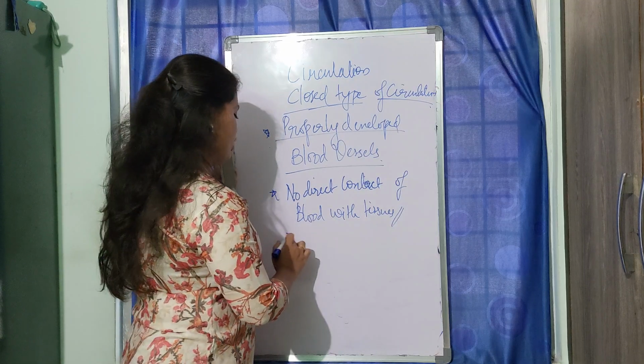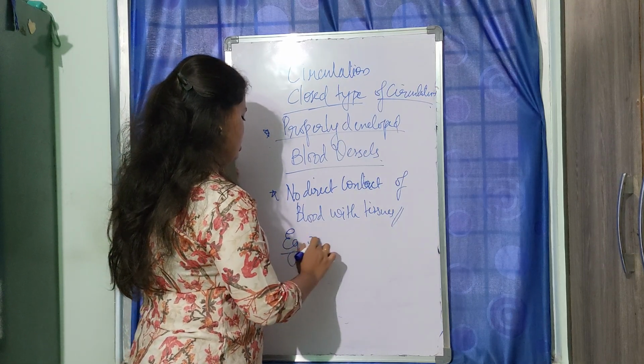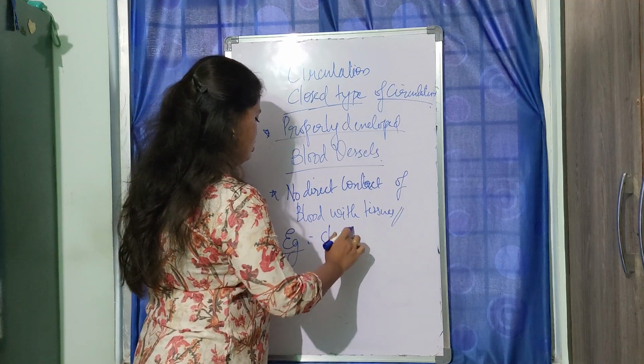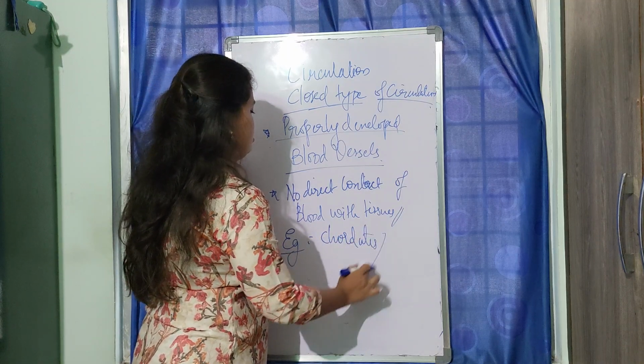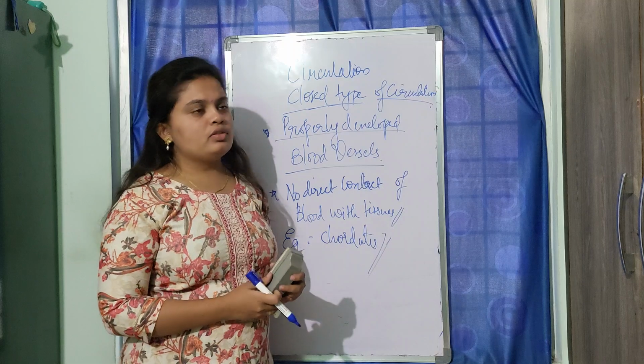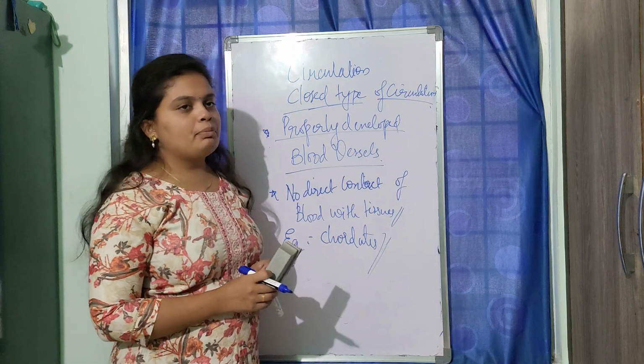It is seen in chordates. So this is about a closed type of circulation.